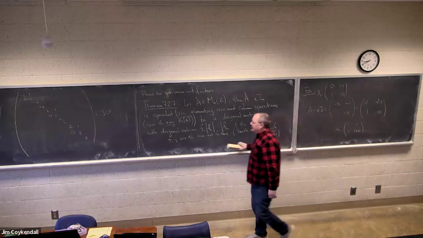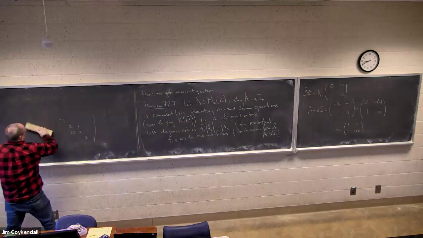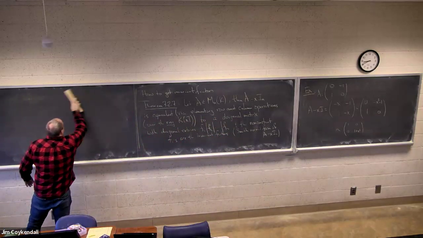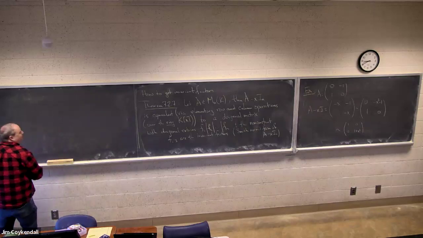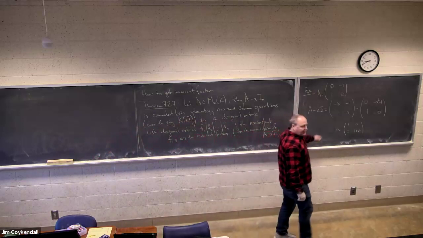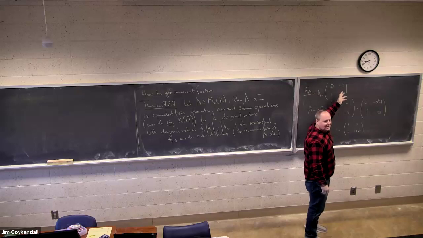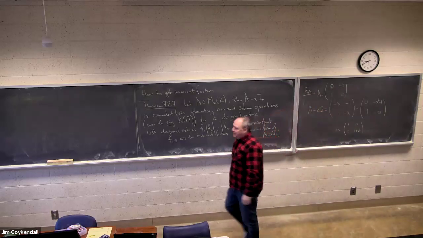On the other hand, by the way, if this had been the identity matrix, it would have been clear that you get 1 minus x, 1 minus x, and you're already done, right? Because it's already in Smith normal form.